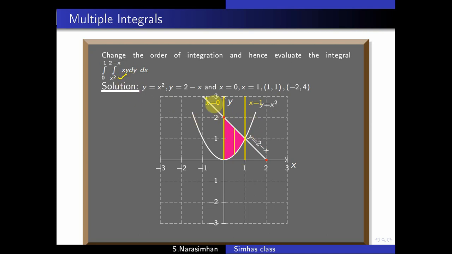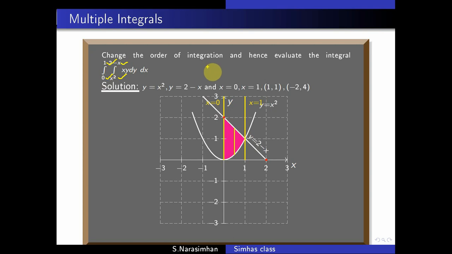The upper limit lies on this line, so it is 2 minus x, so that is also correct. If I move the step, it will come minimum to this point, here x is equal to 0, and it comes maximum to this point, here x is equal to 1. So the area that we selected is correct.